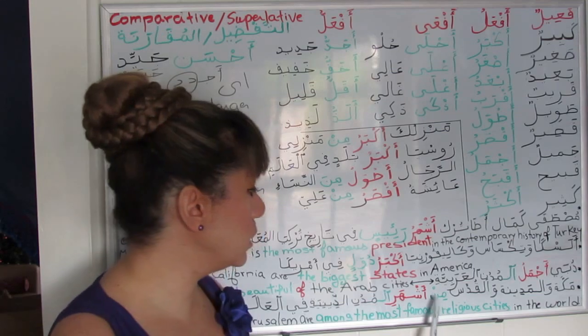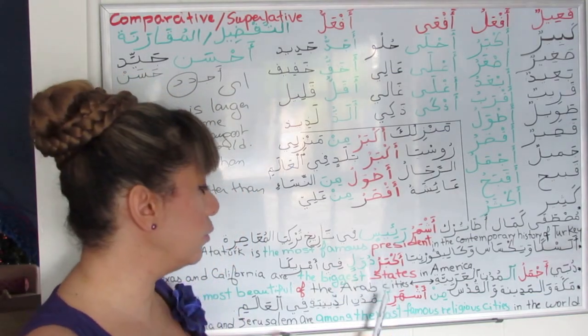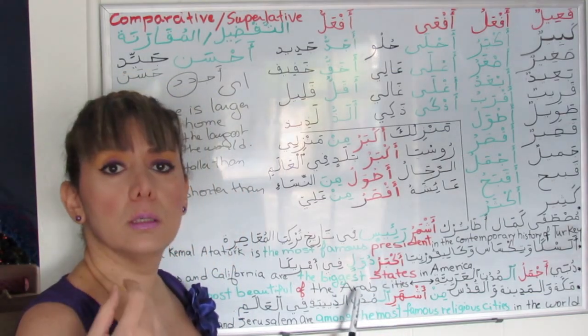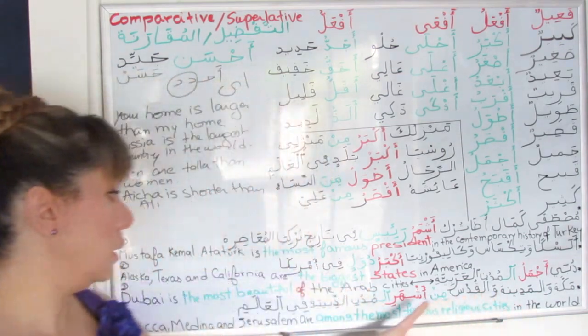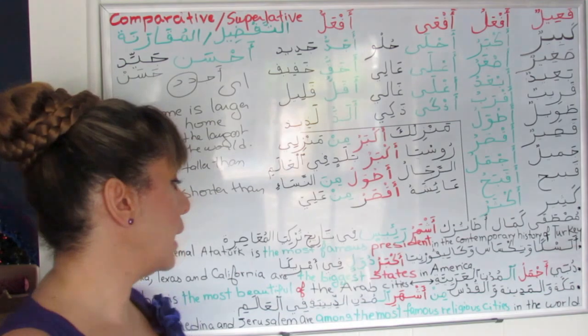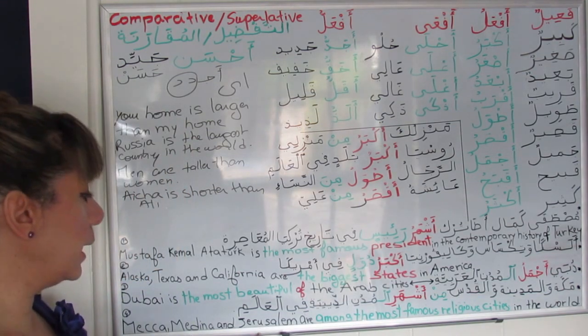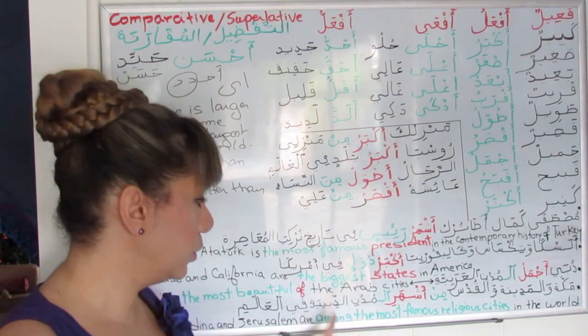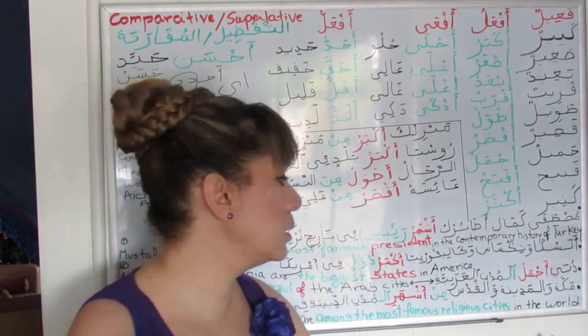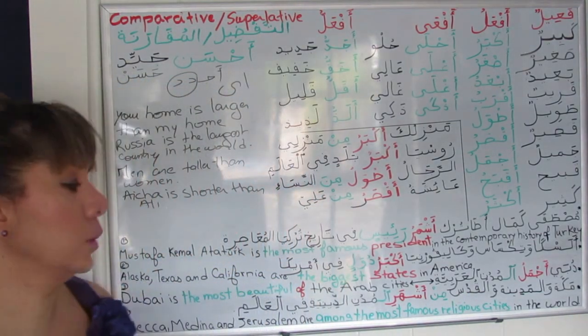So we have preposition plus relative adjective plus definite noun. How are we going to translate this? Mecca, Medina, and Jerusalem are among the most famous religious cities in the world.